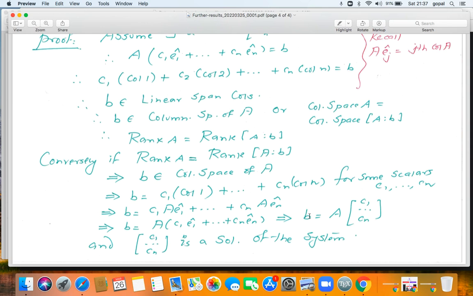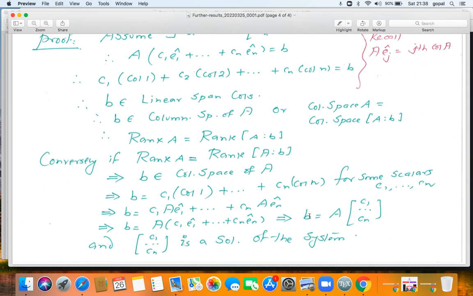So B must be C1 Ae1 cap plus C2 Ae2 cap plus ... plus Cn Aen cap, or B is A times (C1 e1 plus C2 e2 plus ... plus Cn en), or B equal to A times the column vector C1, C2, ..., Cn. In other words, C1, C2, ..., Cn is a solution of the system.